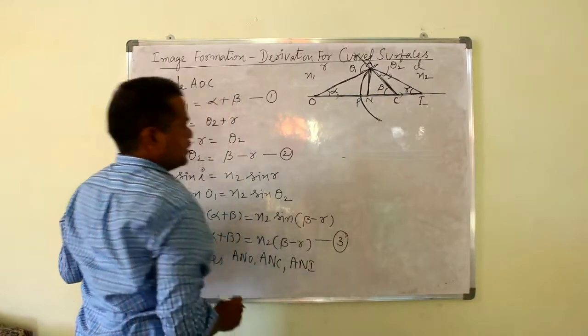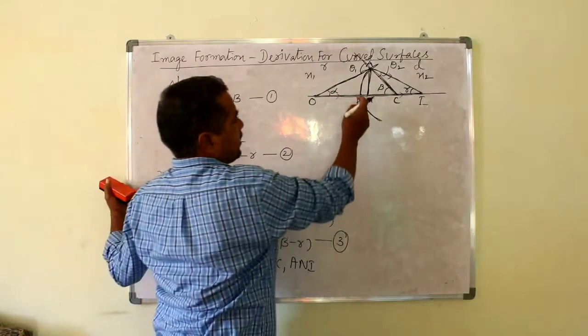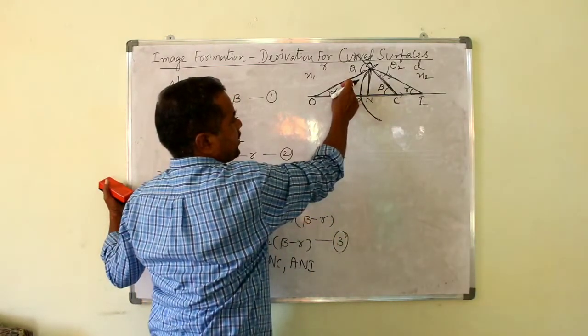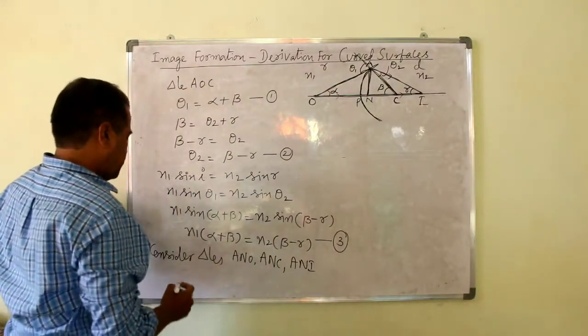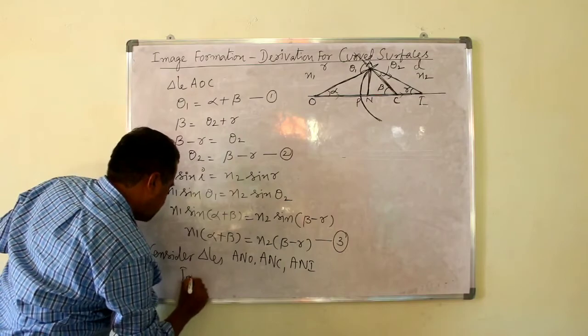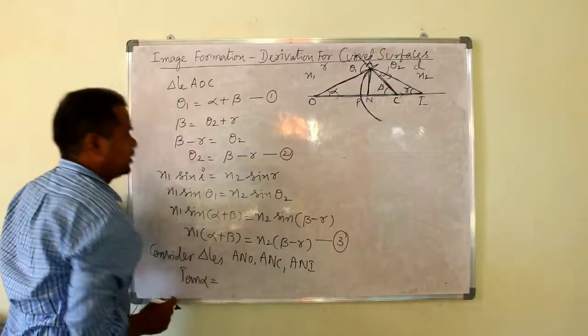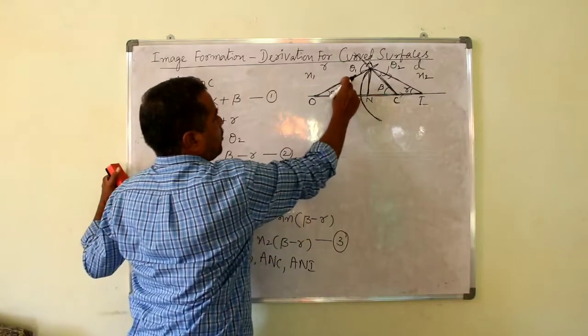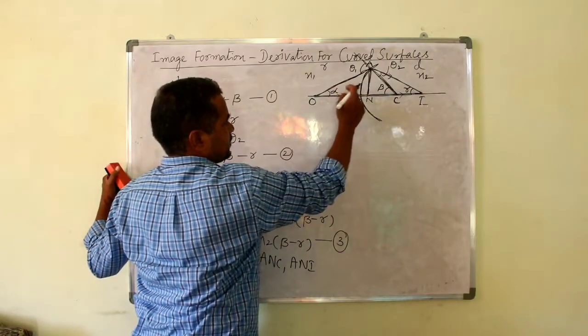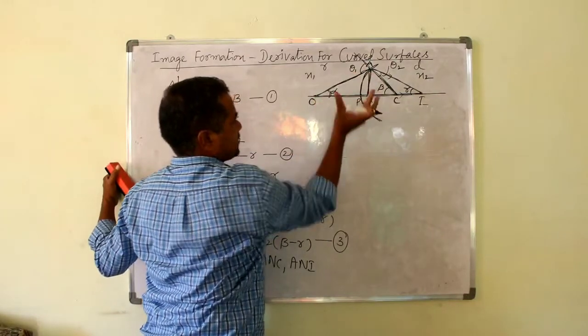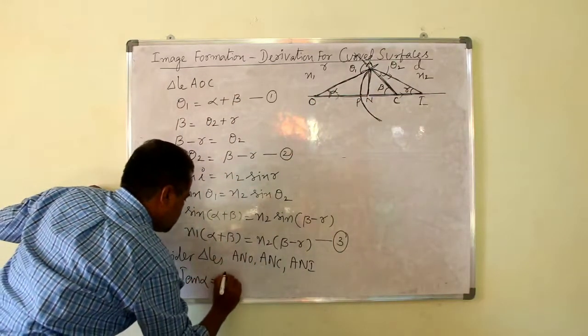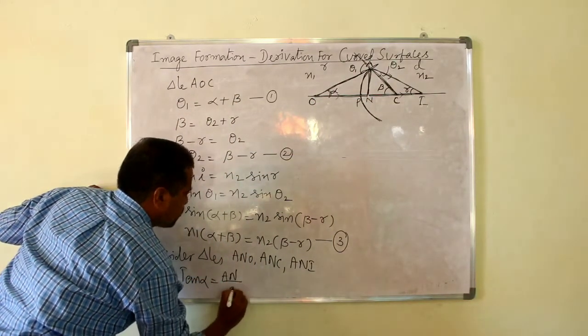In the right angle triangle, the side which is opposite to the right angle is called the hypotenuse. In this right angle triangle, we can find the tan ratios. Tan alpha is equal to opposite by adjacent, that is AN by ON.